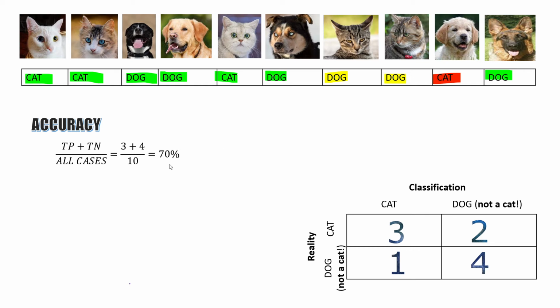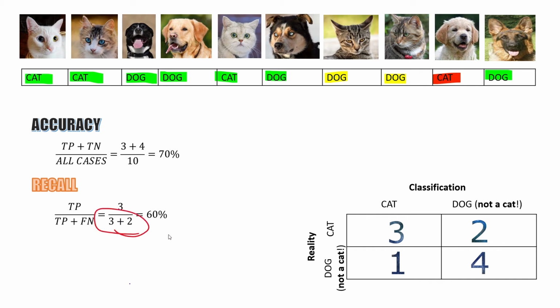Now, there are even more interesting and exciting measures. The first one is recall. And the formula for that is true positives divided by true positives plus false negatives. This is the true positives, and this is the false negative. So that is 3 plus 2.